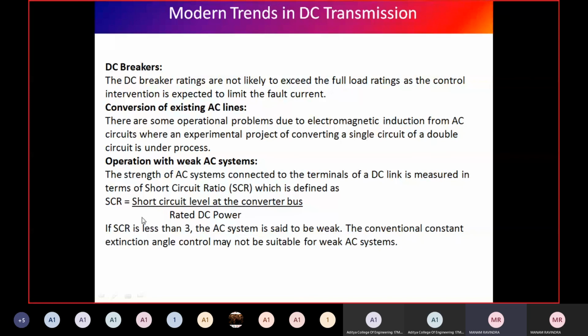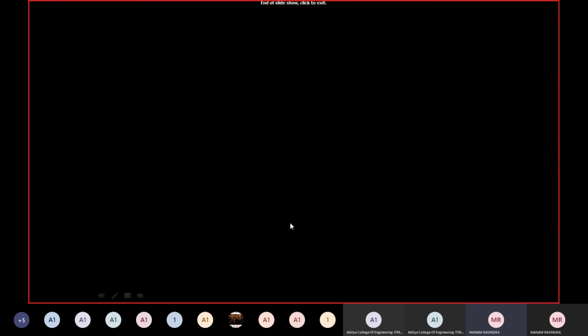That can be known by the short circuit ratio, which is defined as the short circuit level at the converter bus divided by the rated DC power. If SCR is less than 3, the AC system is said to be weak. The conventional constant extinction angle control may not be suitable for weak AC systems.